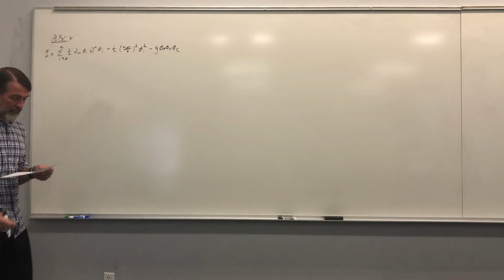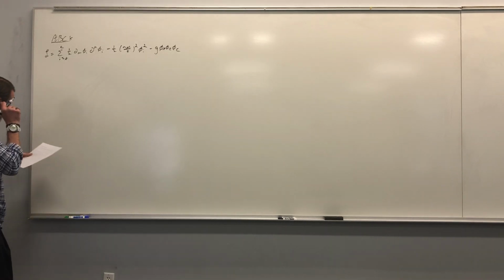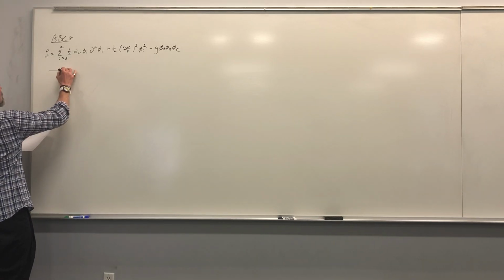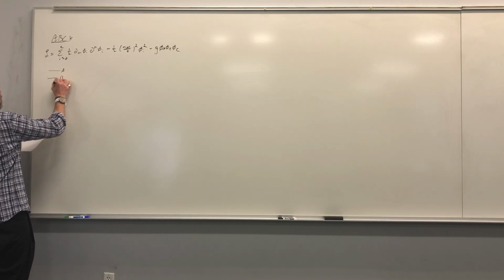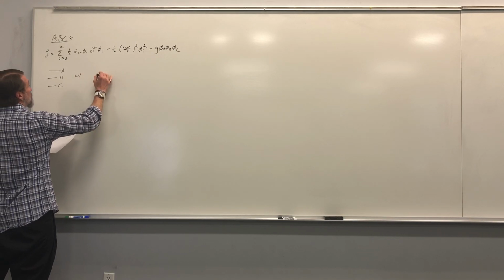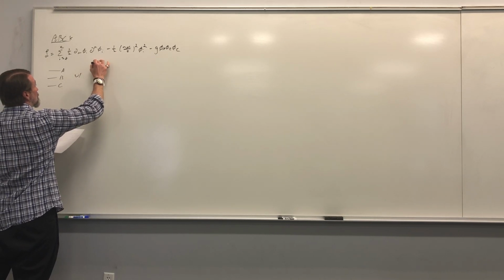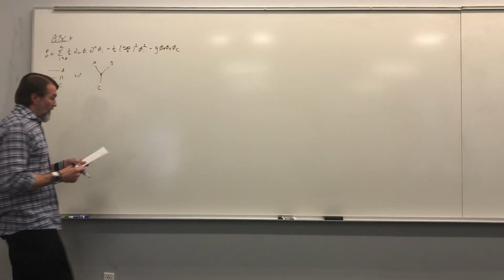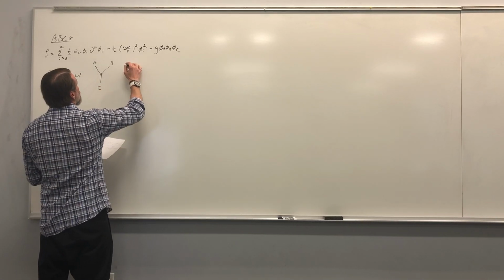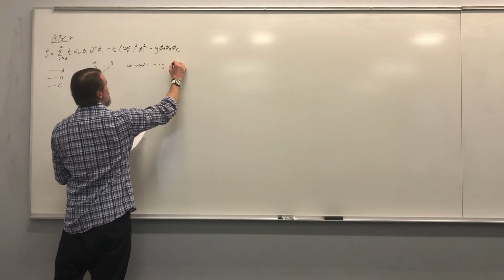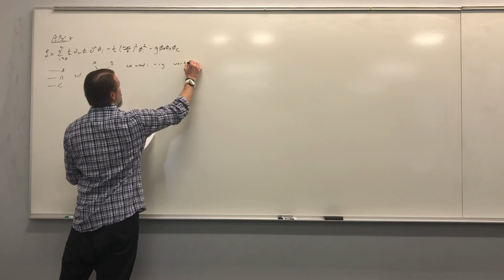Now, in calculating diagrams, remember, we built them from propagation lines, labeled by the particle type. And then we use the vertex, where we used minus i g for vertices, or vertex factors.